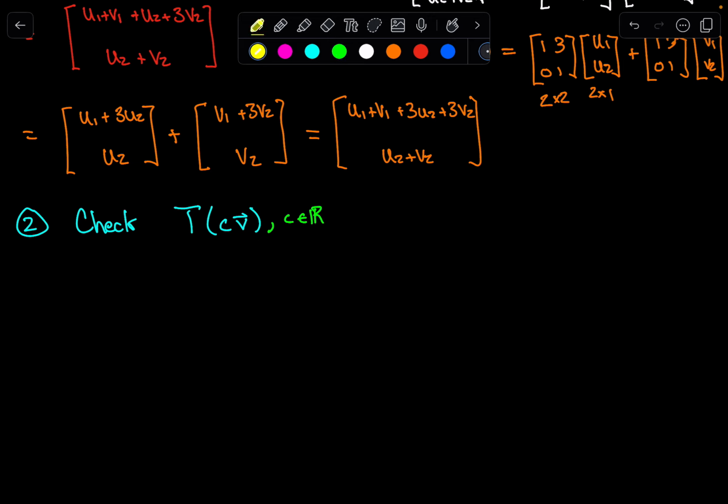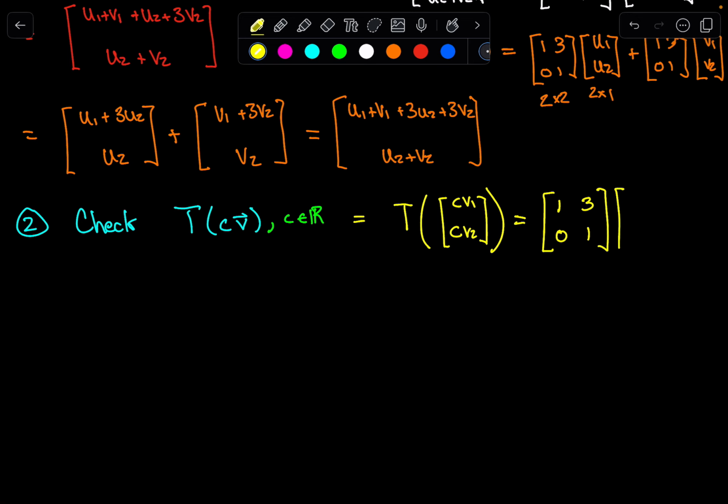So what this is going to be is T of, now c times my v vector is going to be cv1, cv2. Right, so that's really the vector that we're putting in. And again, T is represented by this matrix 1, 3, 0, 1.